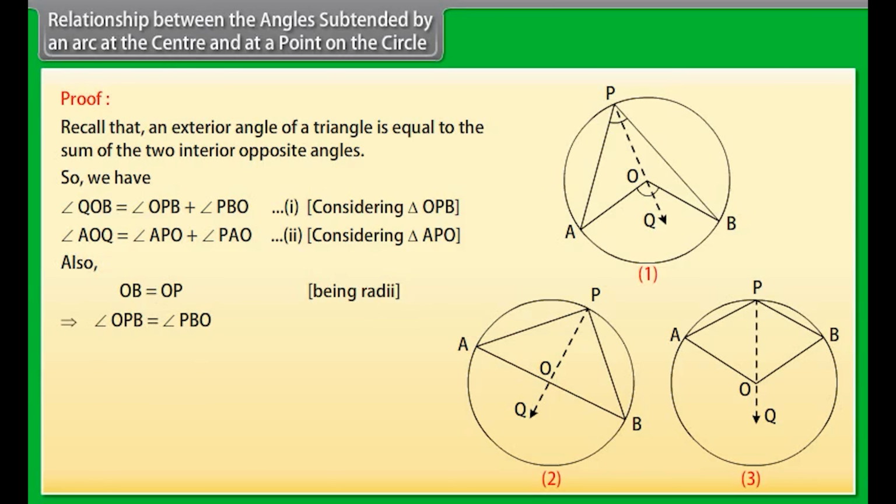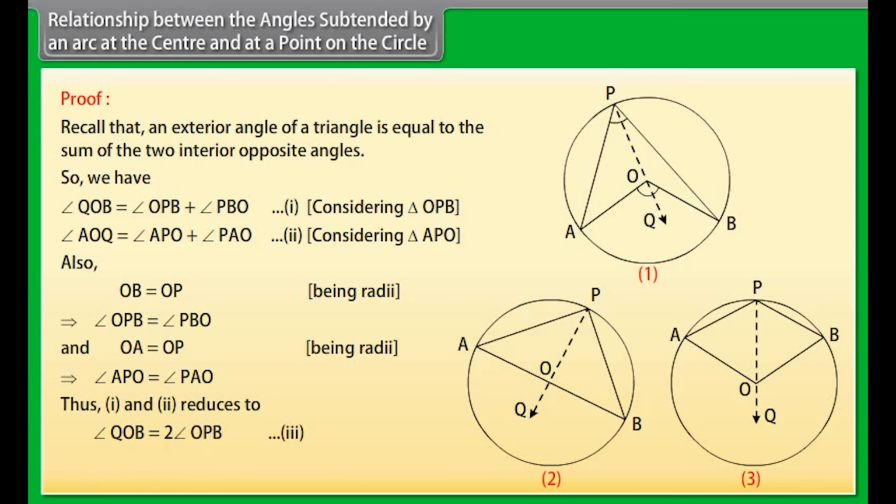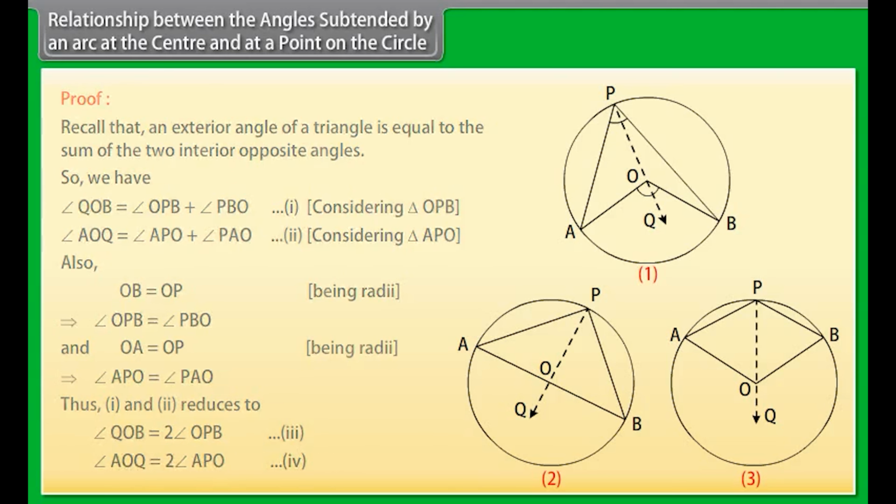Angle OPB is equal to angle PBO, and OA is equal to OP, being radii. Similarly, angle APO is equal to angle PAO. Thus 1 and 2 reduce to angle QOB is equal to 2 into angle OPB, 3. Angle AOQ is equal to 2 angle APO, 4.